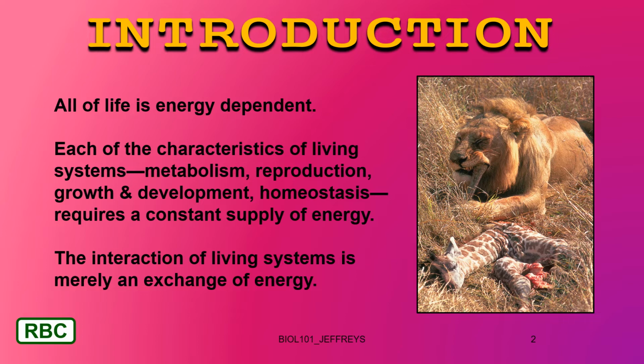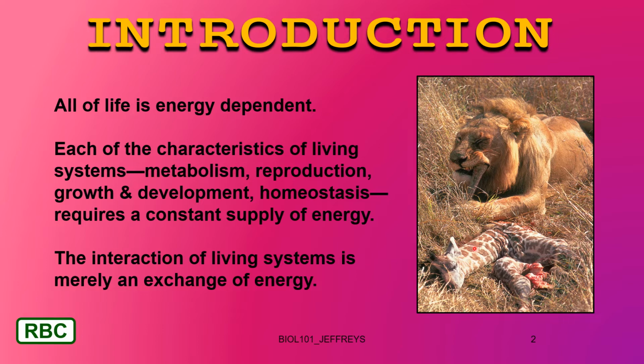I love this image here because here we see this carnivore, this apex predator, feeding on this herbivore, this giraffe, and this image encompasses everything that this chapter is all about. So we have the grass back here, which receives its energy from the sun.